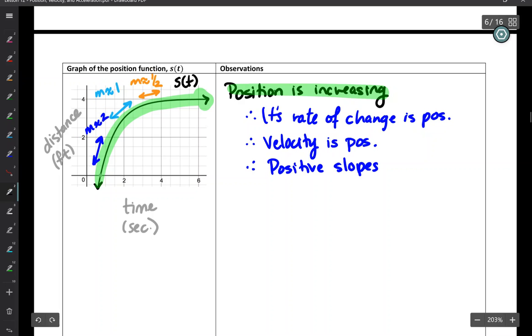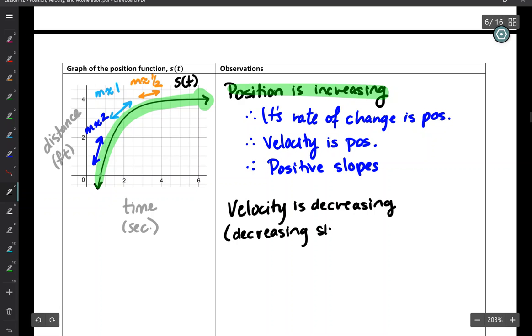Velocity is decreasing. And again, I think it was helpful to say decreasing slopes. Two, then 1, then a half.